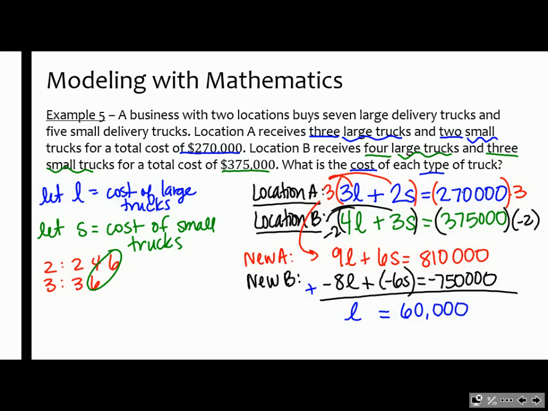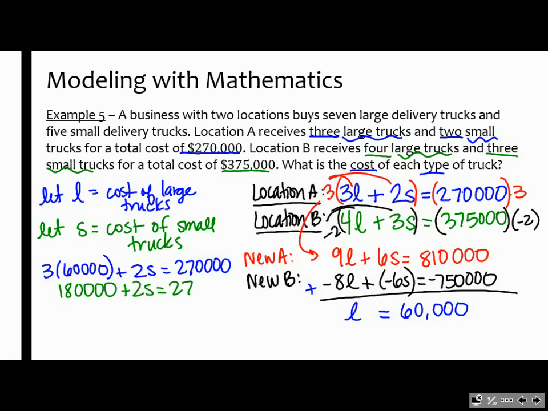On S, the cost of small trucks, we're going to go ahead and find the answer. I'm going to use my location A equation to solve for that. I'll have 3 times the cost of the large truck, which is $60,000, plus 2 times the cost of the small, which we don't know yet, equals 270,000. 3 times 6 is 18, and then 4 zeros, plus 2S equals 270,000.